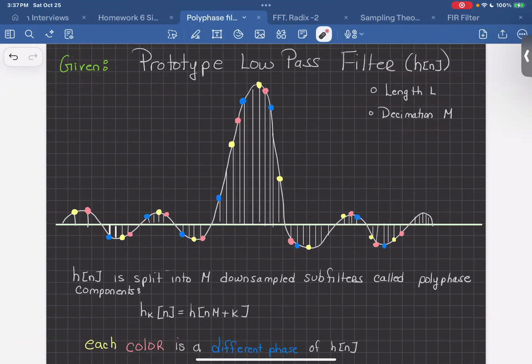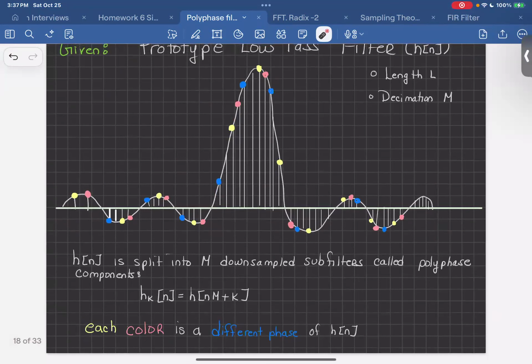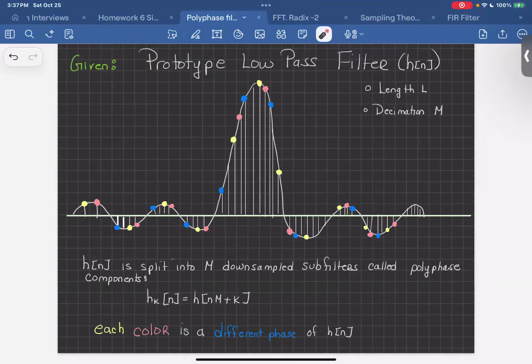And what we're doing is H of N is split into M downsampled subfilters called polyphase components. And this is the mathematical equation that shows you how that structure presents itself in the architecture. So each color is a different phase of H of N. So, and that's what you can see here.